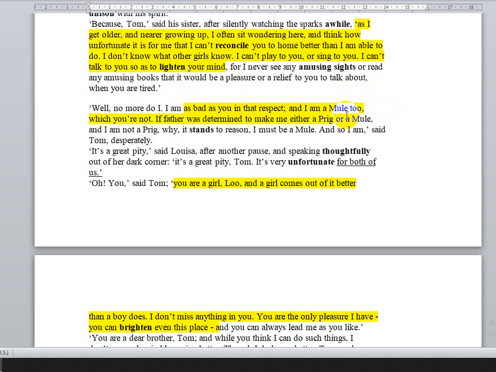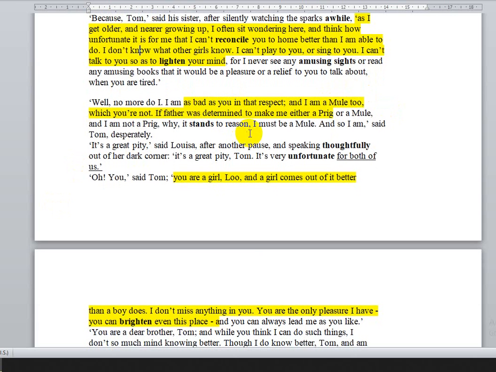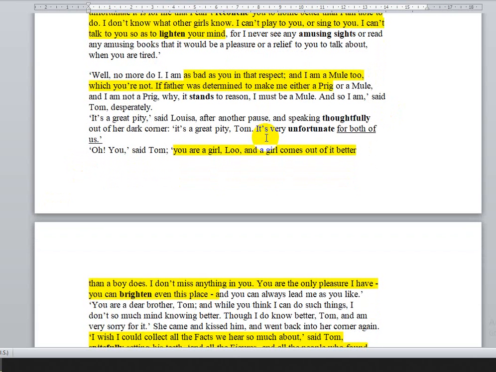He also describes himself as a mule, which he is not. If father was determined to make Tom either a prig or a mule, and he is not a prig, or some other animal, I'm not sure, why it stands to reason that he must be a mule, and so he is.